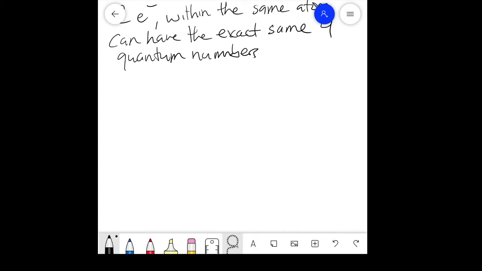So let's start with the principal quantum number. We have n, which is our principal quantum number. That should actually be a lowercase n, not an uppercase. Okay, so n is our first quantum number.